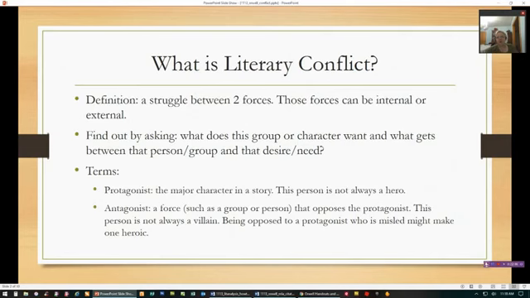If you've seen Lord of the Rings, for example, Frodo is really the protagonist because everything depends on him destroying the ring. If he doesn't destroy the ring, it doesn't matter what Aragorn or any of the other people do in the story. Sauron will win, right? So he is the main protagonist in that epic, and Sauron is his antagonist.